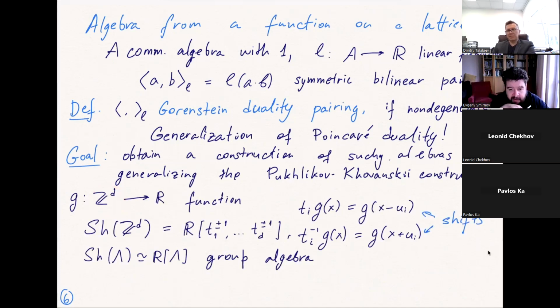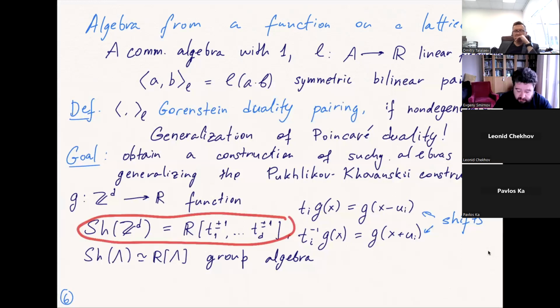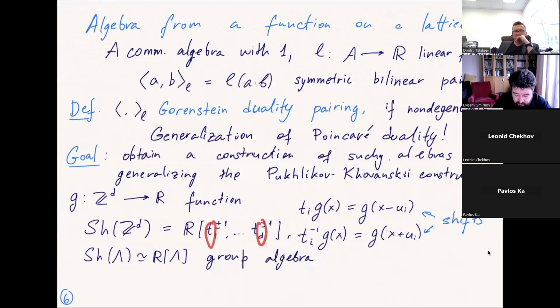Then I can act on these functions by shifts. Namely, I can take the whole lattice and shift it by 1 and get a new function. So instead of g of x, I get g of x minus u_i, where u_i is the ith basis vector. Or I can take t_i inverse, shifting to the opposite side along the ith basis vector. So I have an algebra of shifts, an algebra generated by these t_i to the power plus minus 1.